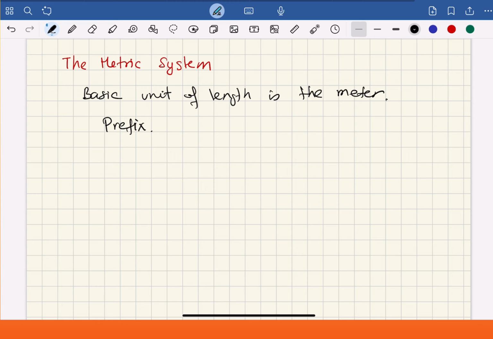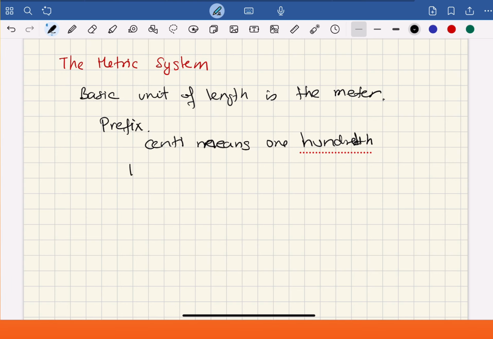For example, centi means 1/100th. Oops, I forgot my D there. 100th.